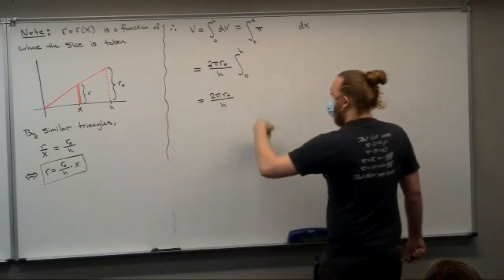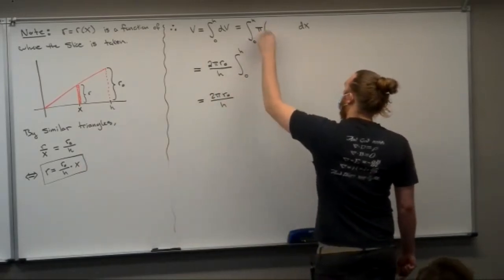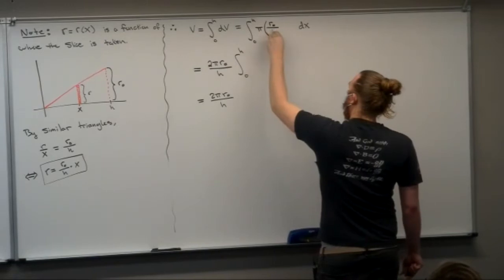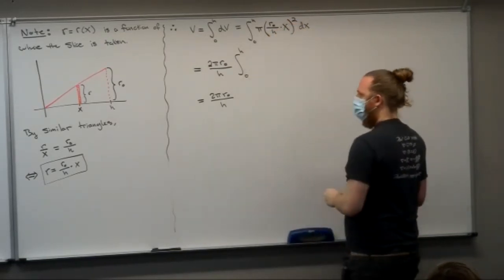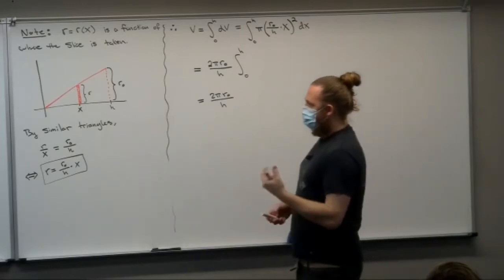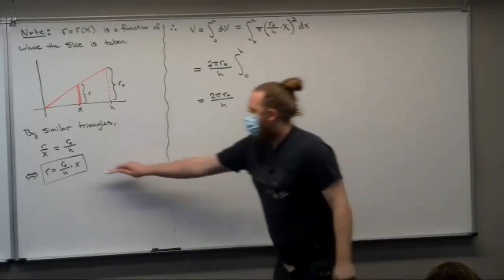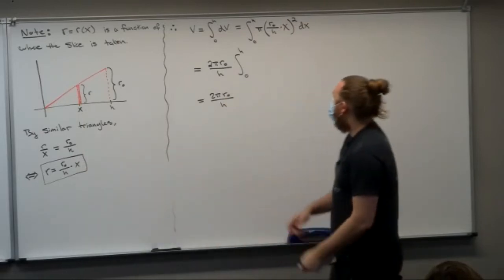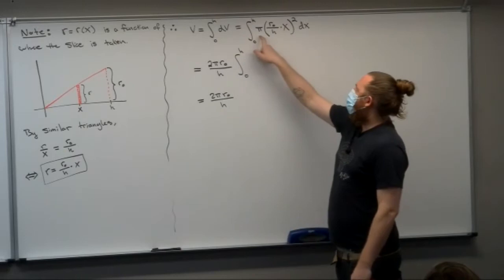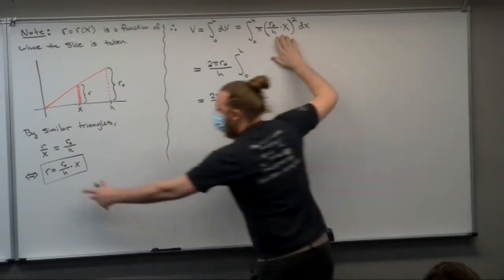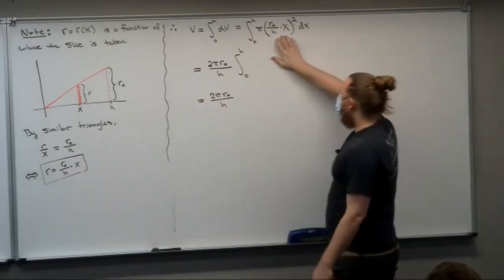So that's r naught over h times x, all squared. Pi r squared, that r is this r. So in our integral, dv is pi r squared, so pi times my radius squared.